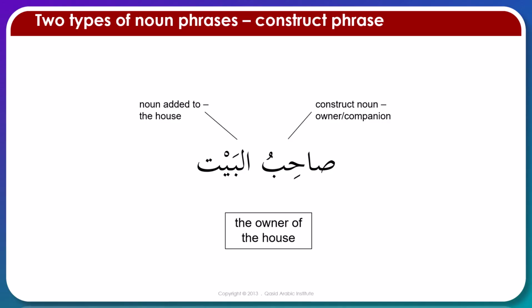Here we have sahibul bayt, two nouns are conjuncted, but they don't have to agree because they're both nouns. Sahib does not have alif lam. Al-bayt does have alif lam. Sahibu has dhamma at the end. Al-bayt has a kasra at the end. Sahibul bayti, which is not written here.